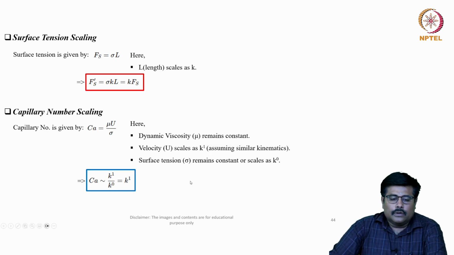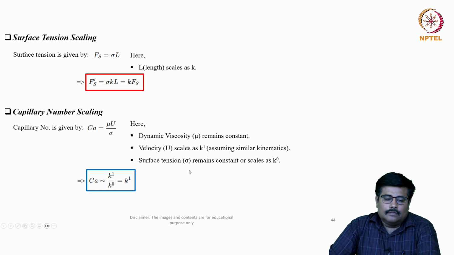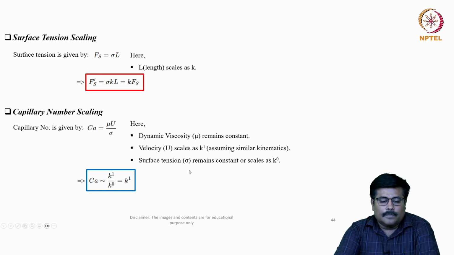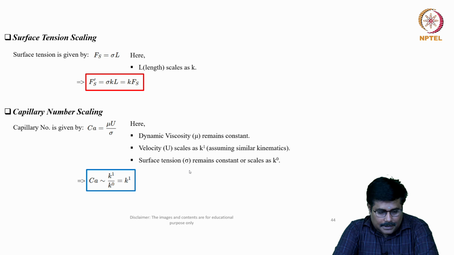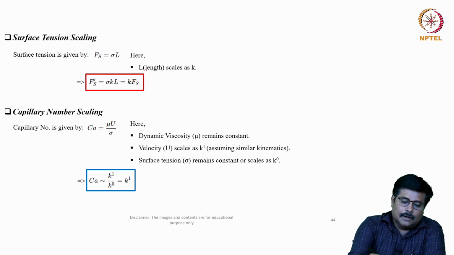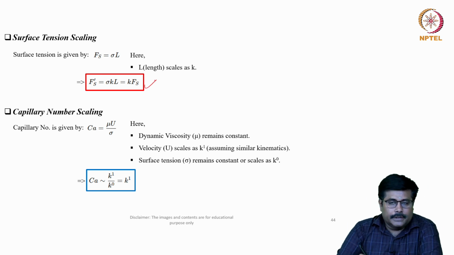Similarly, when we look into the other parameter, which is called surface tension scaling, it has a direct relevance towards shear, as well as the length, which scales as k, and is represented by this particular equation.